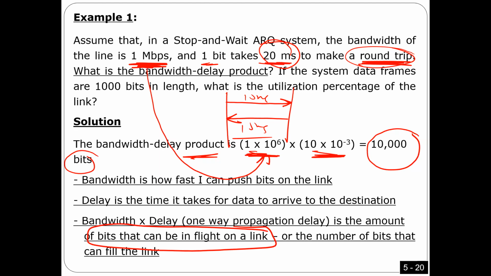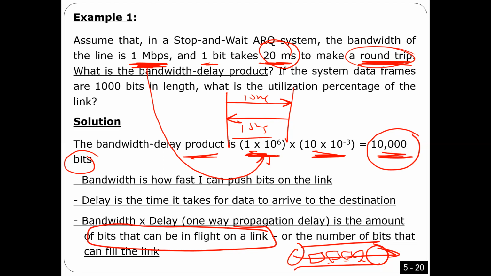If you have a link this way, maybe 1 frame here, 1 frame here, 1 frame here, how many frames or bits should be here so that I can fully utilize the channel? You understand what I'm saying? That means it can be 10,000 bits.